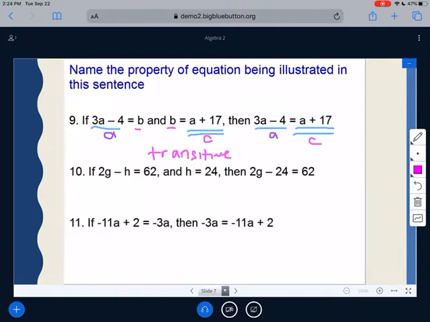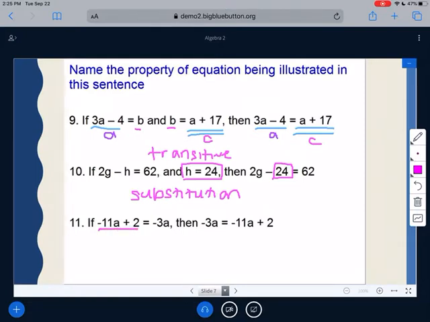If 2g minus h equals 62 and h equals 24, then 2g minus 24 equals 62. We took h away and replaced it with 24. If you take something away and replace it, you are substituting or using substitution.